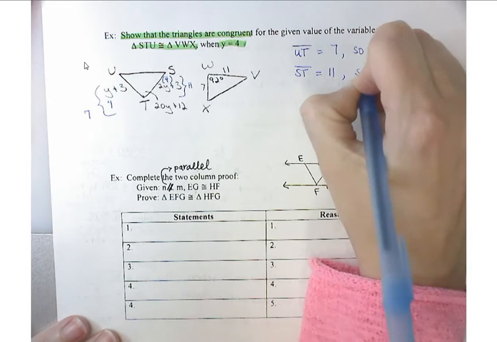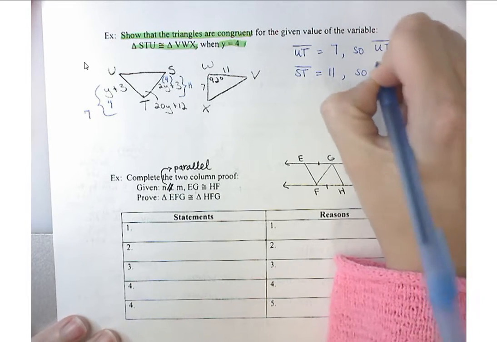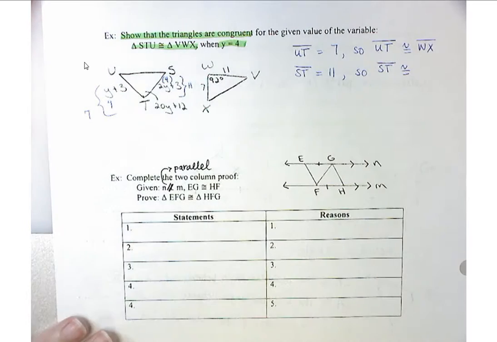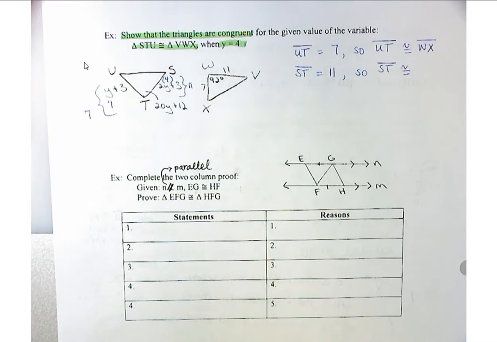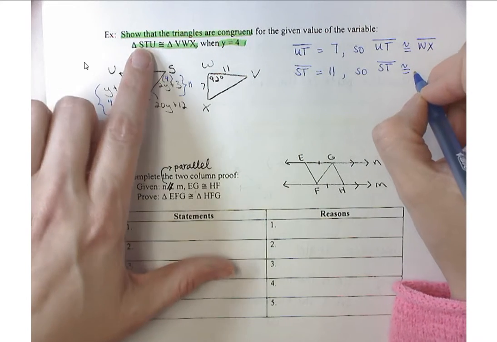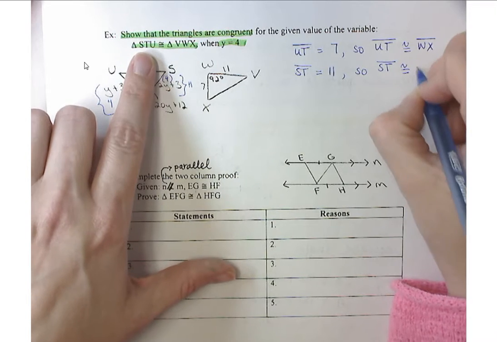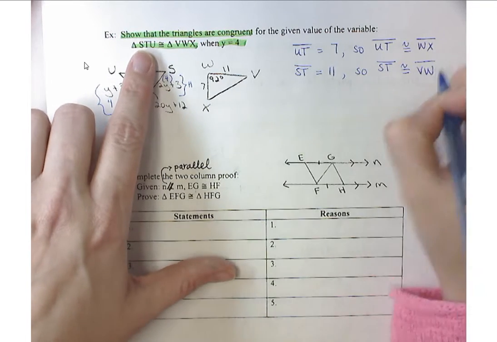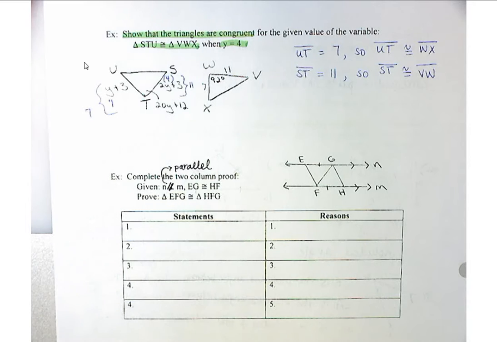All right, so then, Kaden, tell me what ST is going to be congruent to. Just take a second. Use your paper, right? Found it. VW. Okay. Yeah, I would say VW. Good. Okay, so ST is congruent to VW.